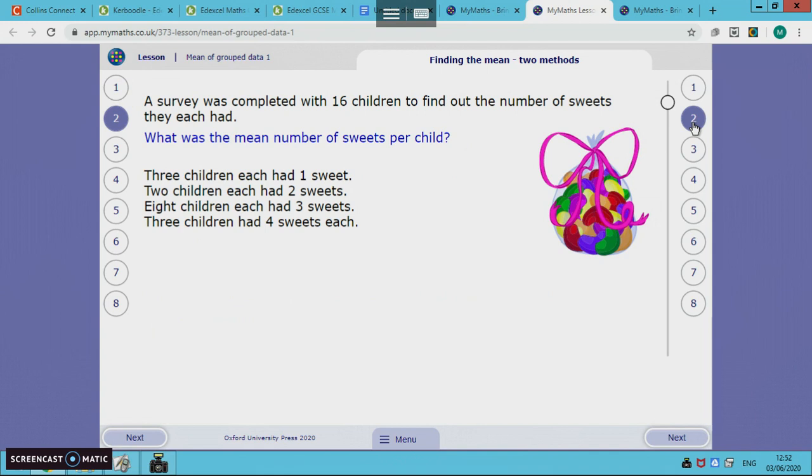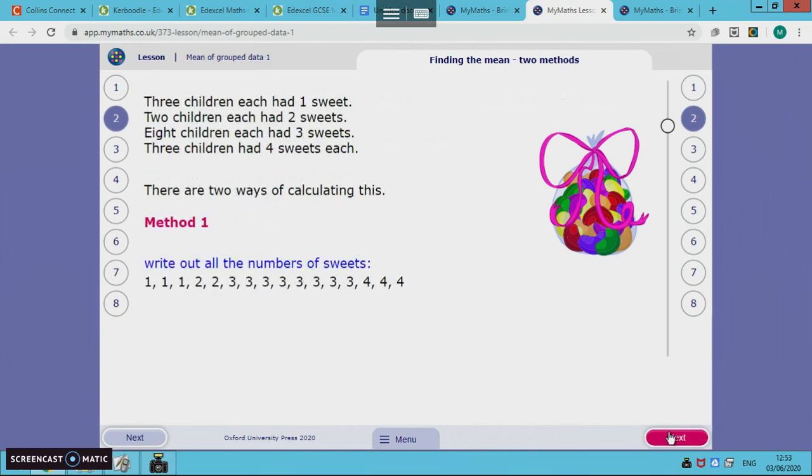Find the mean number of sweets per child. 3 children had 1 sweet, which means there were 3 ones. 2 children had 2 sweets, which means there were 2 twos. 8 children had 3 sweets, so that's why there's 8 threes. And then 3 children have 4 sweets each, which is why there's 3 fours. So you've got all of that there.